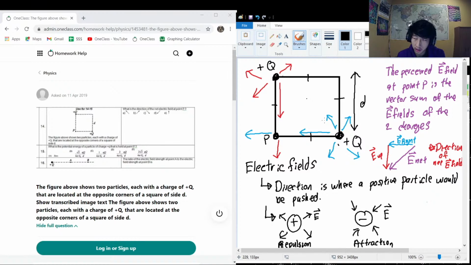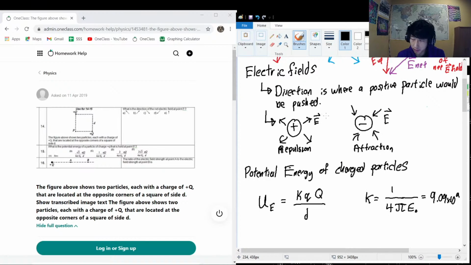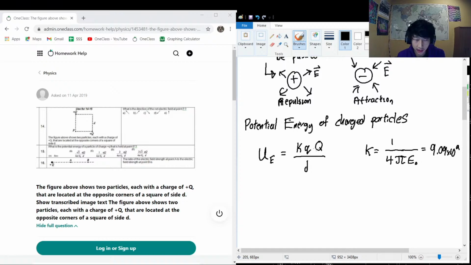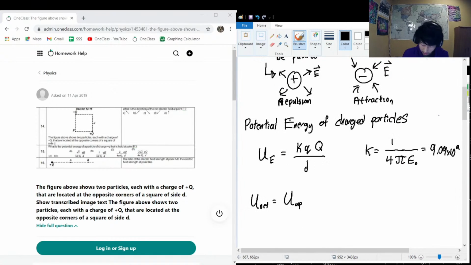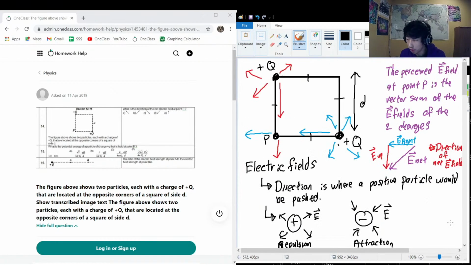So when we want to find the net potential energy, U net is equal to U up, the one with the red arrows, plus U right, the one with the blue arrows.